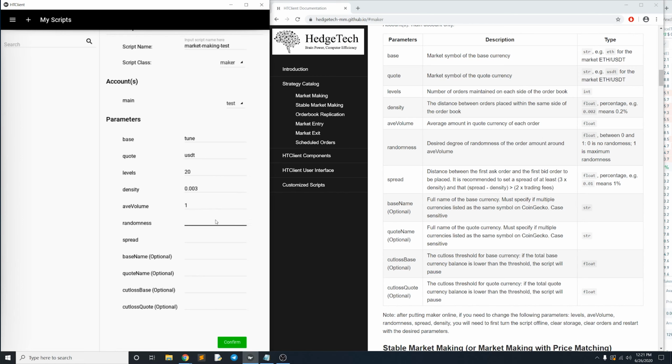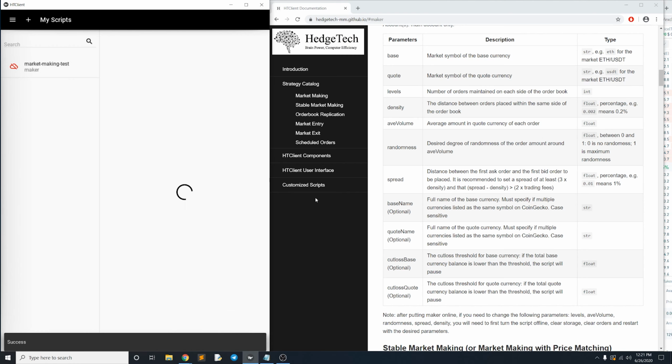Randomness is a parameter that allows to make the market look more natural. It is on a scale of 0 to 1, 0 being no randomness and 1 being maximum randomness. And it will be a probability distribution around the average volume parameter that I just set up. Let's put some randomness, so 0.3. For spread, I'm going to put 1%. And I'm going to hit confirm.